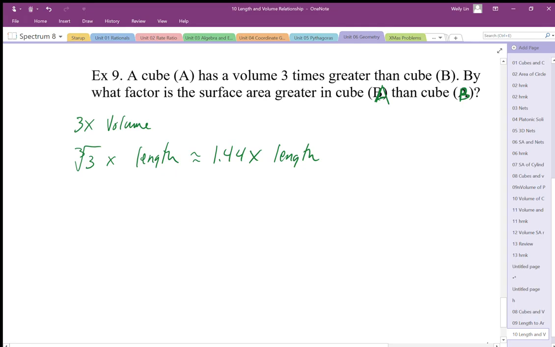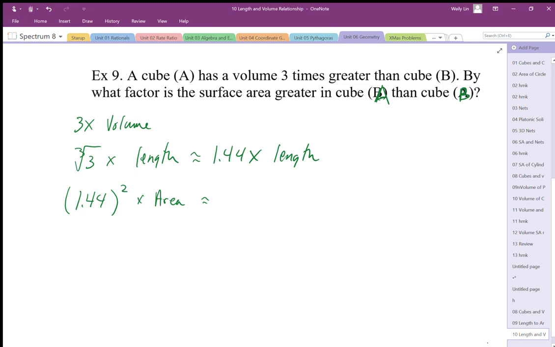Now I don't want the length, I want the surface area. So how do I go from 1.44 times length to surface area? I take my 1.44 times and I square it to get area. And when I do that, I get approximately 2.08.